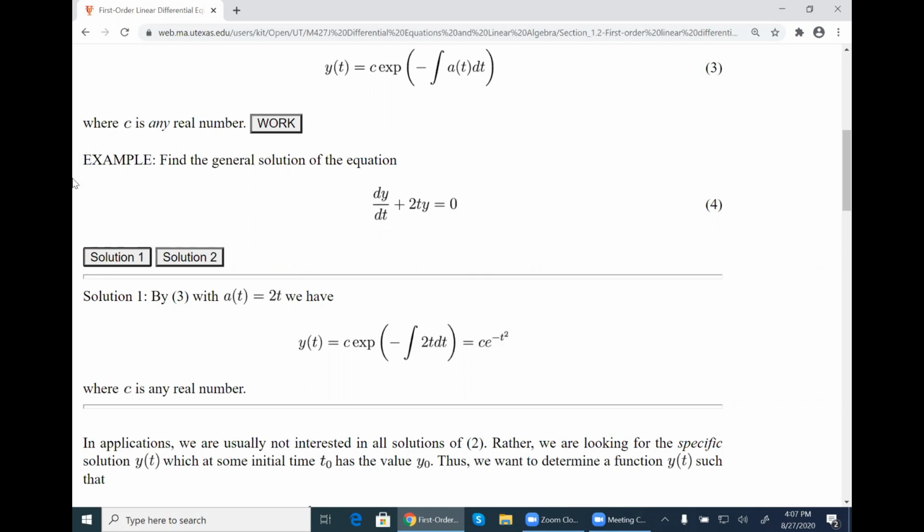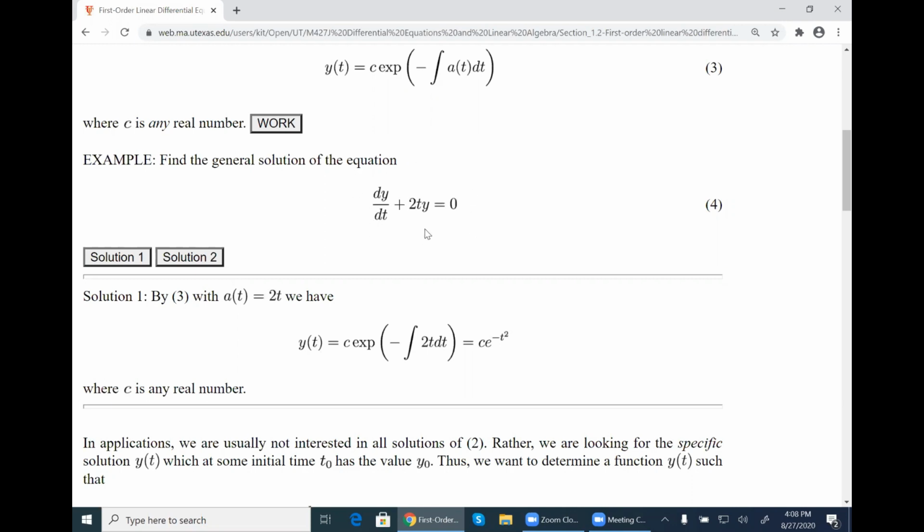Folks, any questions here? What is y of t in respect of y prime? How are they related? Well, if I understand your question correctly, y of t is a function that we want to find. Y prime is its derivative.